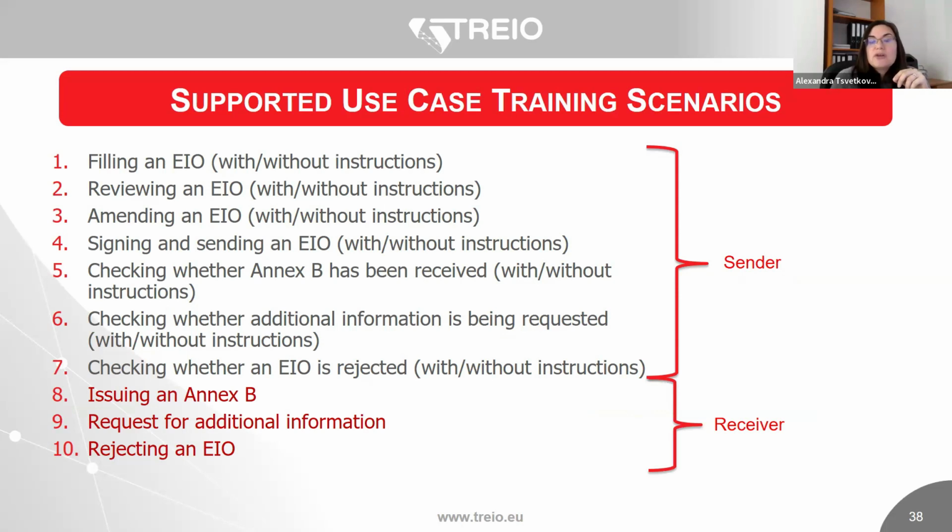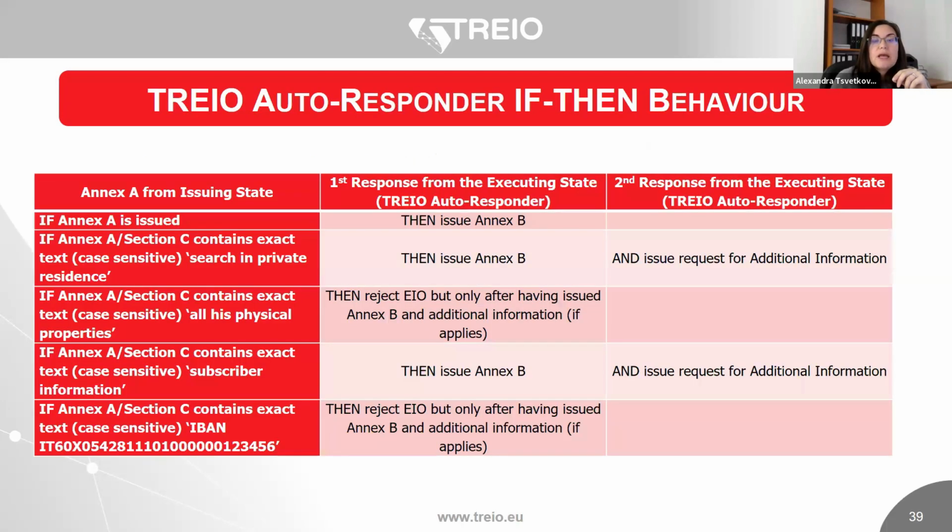7 of them cover different interactions from the position of the sender of an EIO, and 3 cover the receiving aspects. All these scenarios have the so-called if-then behavior.